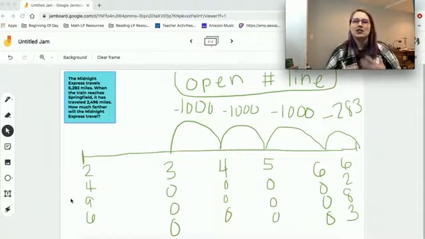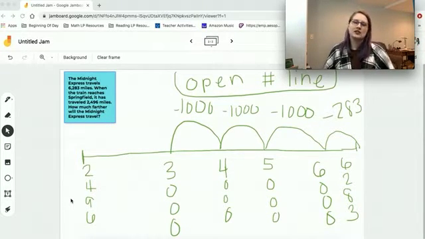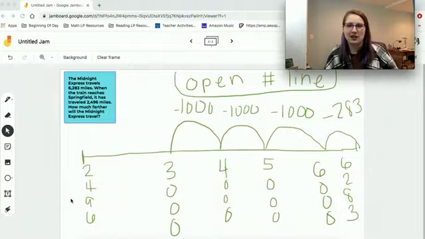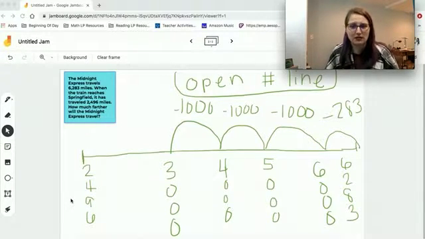Now, it's going to be tempting to just go do another 1,000. But if I do another 1,000, it would actually be past the number that I'm trying to get, which is 2,496. So I can't do that. But a number that's really close to 496 is 500, 2,500.